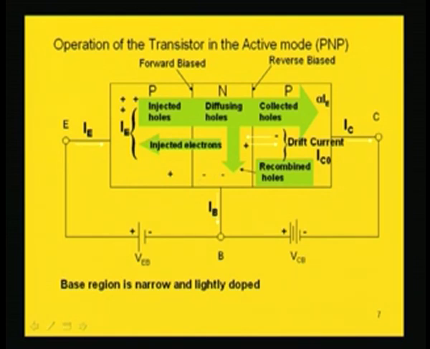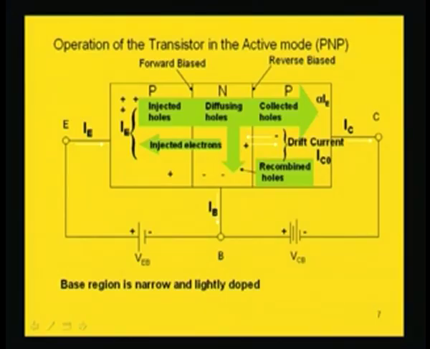Because of this narrow width of the base region and as the base is very lightly doped, only a very small number of holes will be recombining with the electrons. Maximum 5% of the holes are generally recombined.